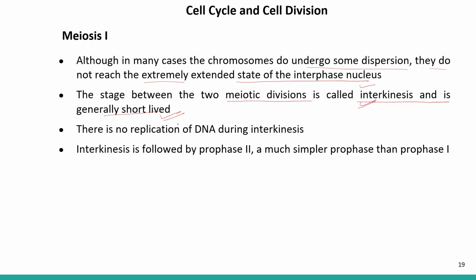And there is no replication of DNA during the interkinesis. Don't get confused that there will be again a DNA replication. No, there will be no DNA replication. Now here all the chromosomes are present in the paired form. One chromosome has shifted to one cell and another chromosome has shifted to the other cell, right?